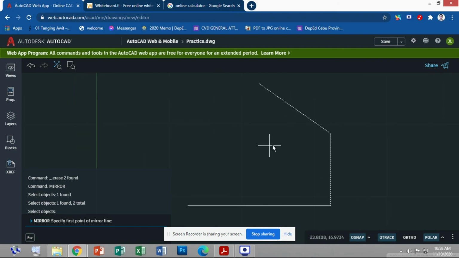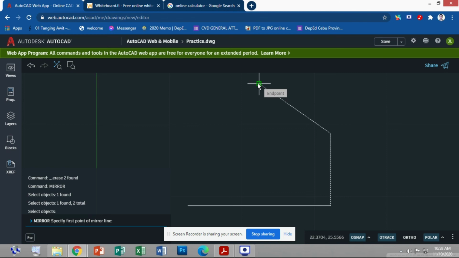Okay, now, magpa-prompt ngayon ng ganitong crosshair. So, kailangan mo siyang ilagay doon sa point kung saan sila merong parang konting intersection doon sa ka-mirror niya. For example, I will point this to this point. Okay.